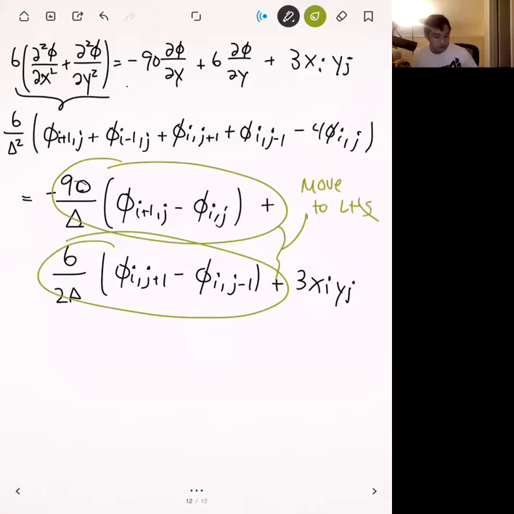At this point, you can multiply the entire equation by delta or delta squared, depending on whatever is most convenient for you. But let me show you what it would look like if you kept all the delta squareds intact. One more thing I'll do to make things a little easier is change these notations here.